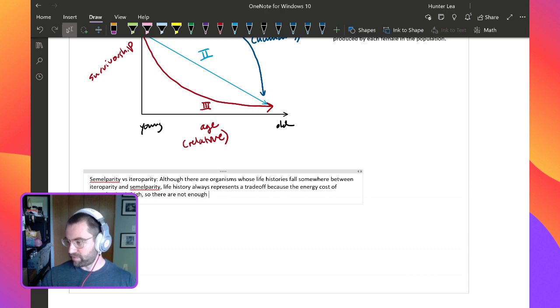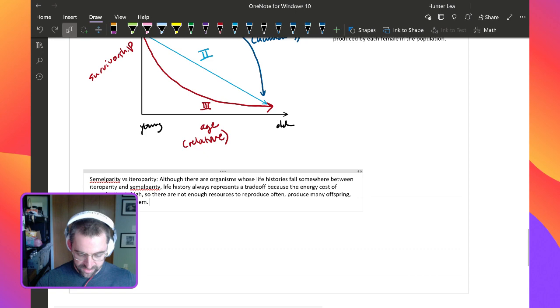So there are not enough resources to reproduce often, produce many offspring, and take care of them. All three, not both. It's kind of like all three are important, pick two.